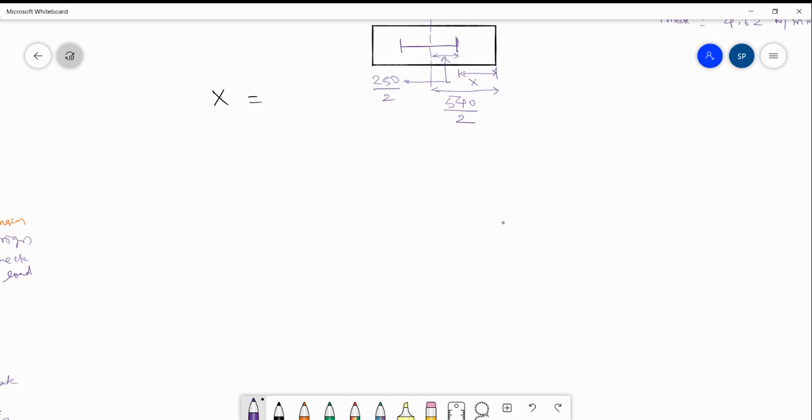So X value will be 540 by 2, which is 270, minus 250 by 2, 125. So this X comes out to be 145 mm. I hope you are getting the things.